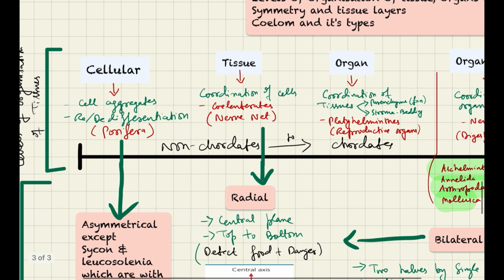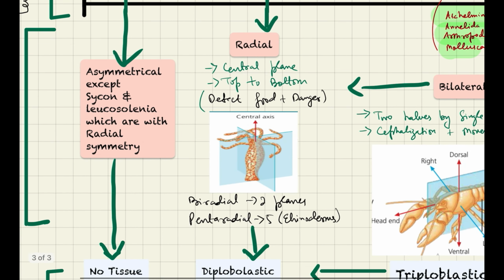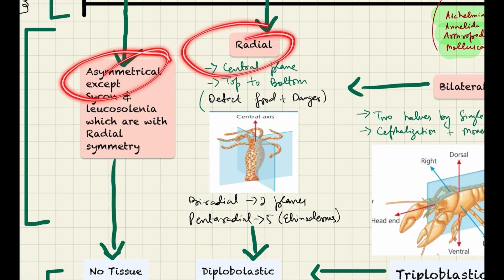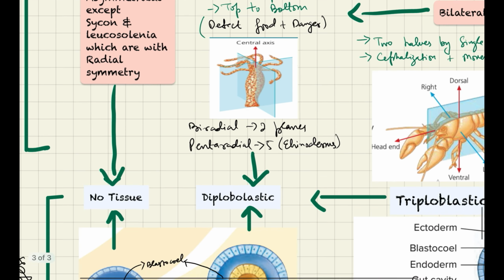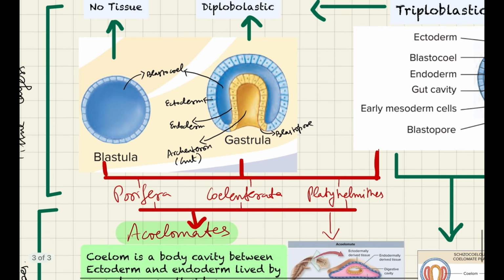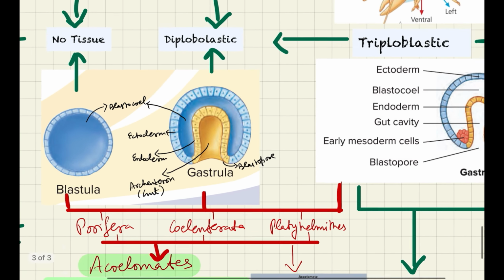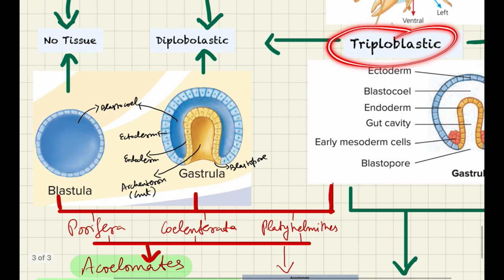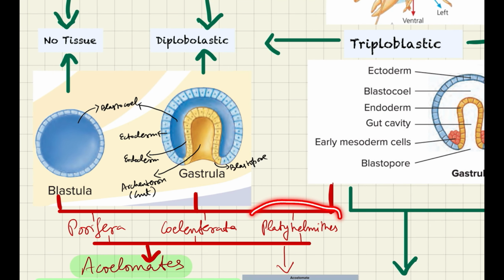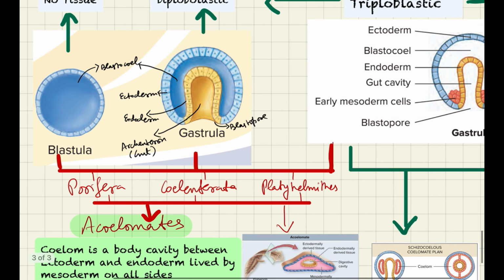All the organisms having cellular and tissue grade of organization are radial or asymmetrical as per their grade, and all the diploblastic are acoelomates. The only triploblastic which is acoelomate is platyhelminths, because mesoderm is there. Triploblastic means mesoderm is there, but there is no such cavity.